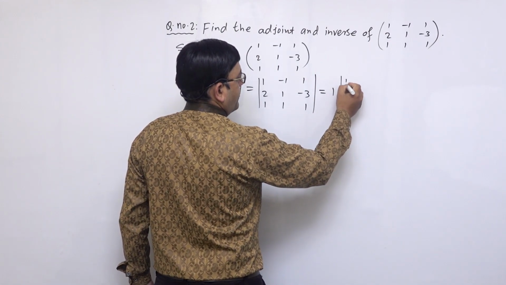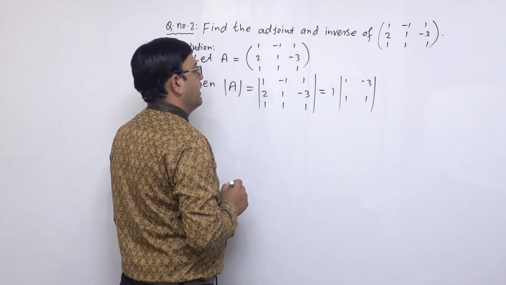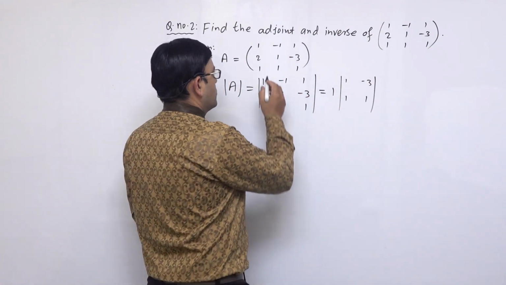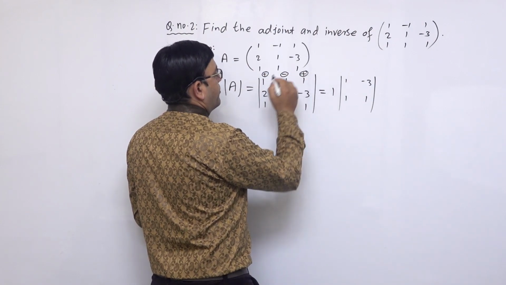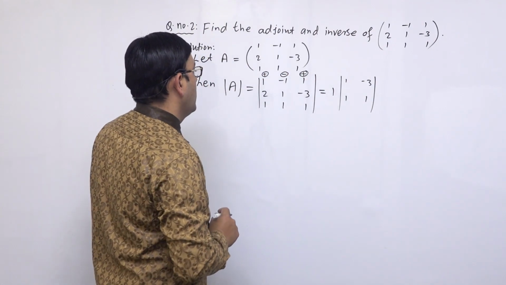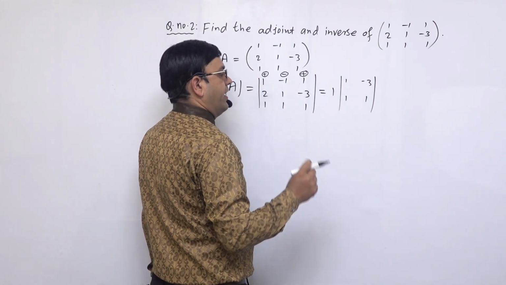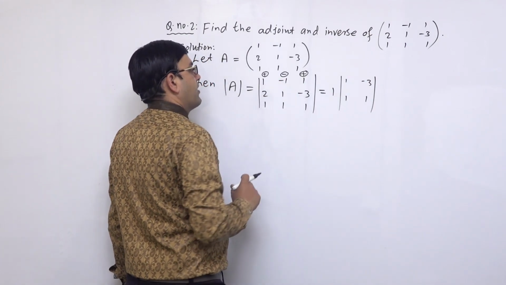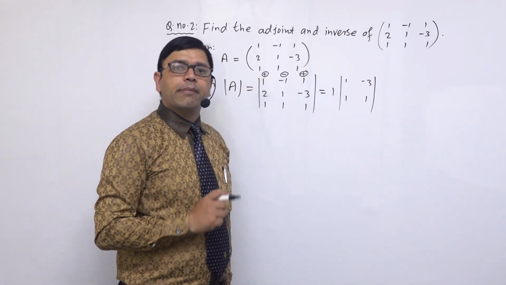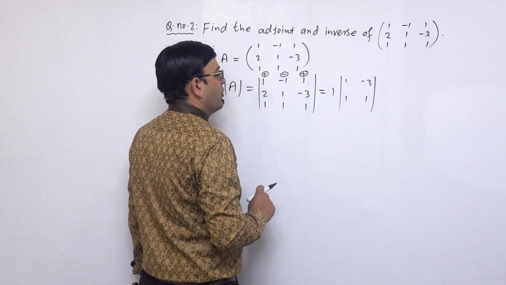Then this one is plus, this one is minus, this one is also plus. We can set it up like this, or we have to write minus 1 to the power i plus j. With this calculation we can also find the sign, plus or minus, but if we use this system it will be easier.